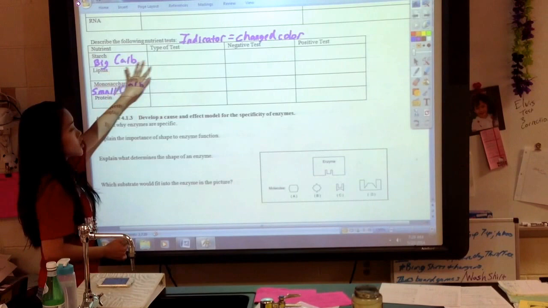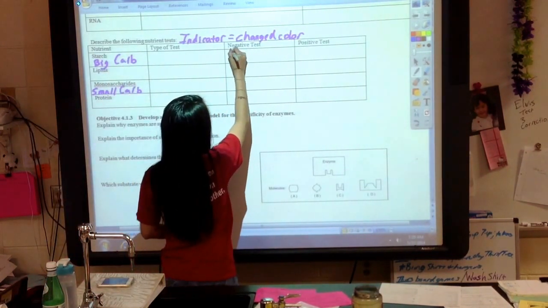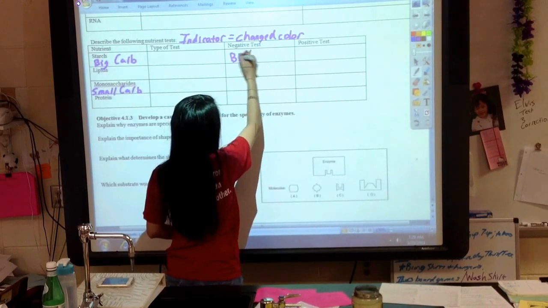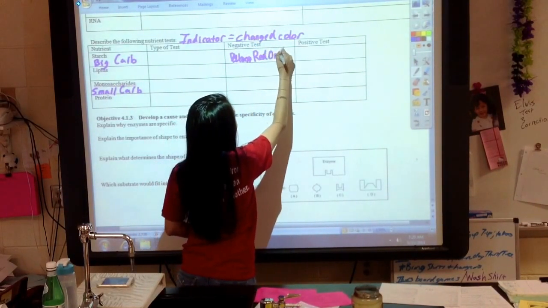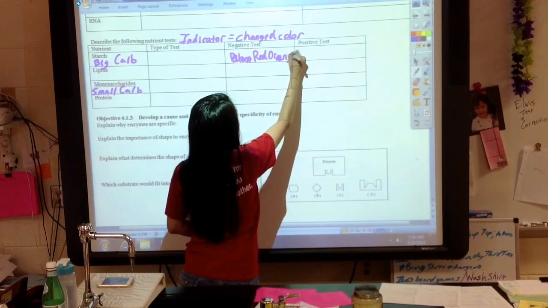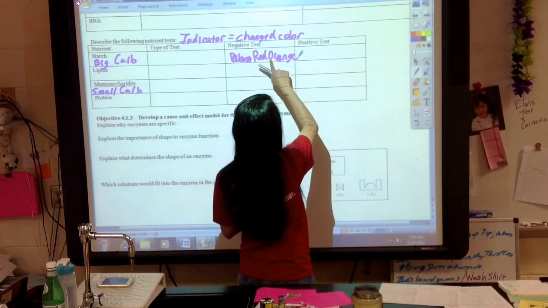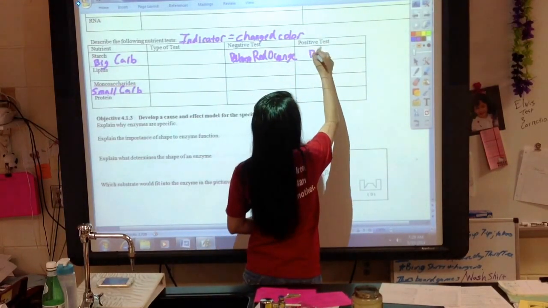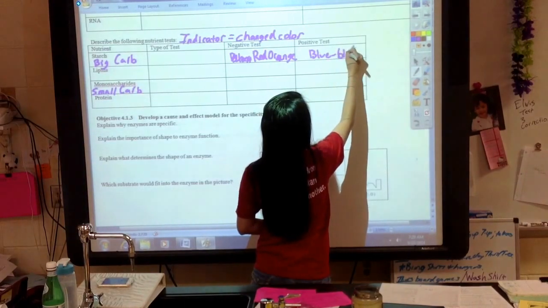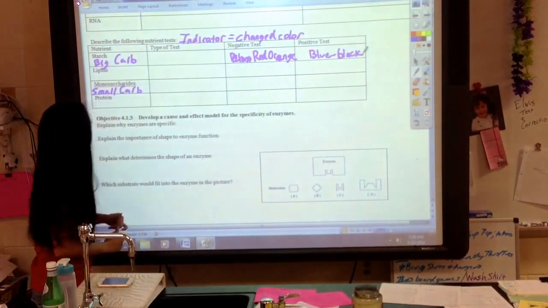For starch, our test actually starts off as a red-orange. And if there's no starch in your sample, then it's going to stay red-orange, a negative test. But if it's positive, it'll change to a blue-black.